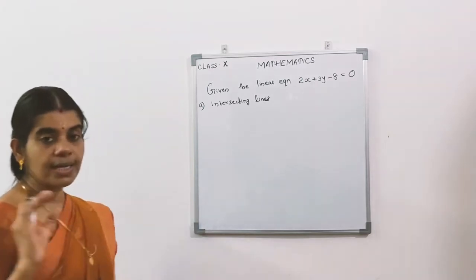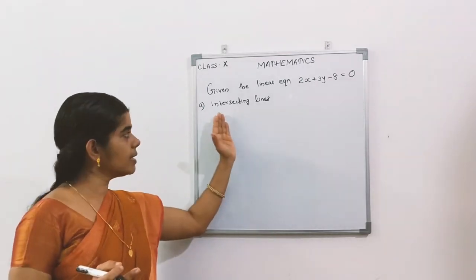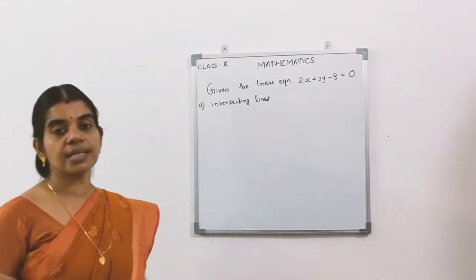Understood the question? One linear equation is given. You want to find out another linear equation. Their graphical representation will be intersecting lines.